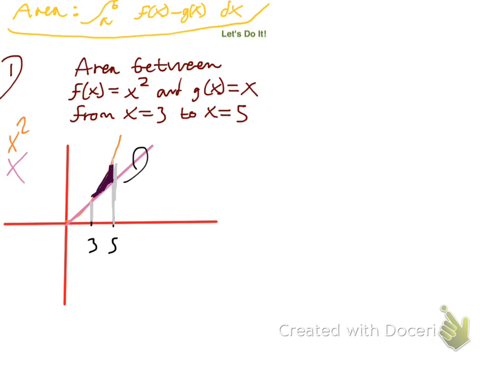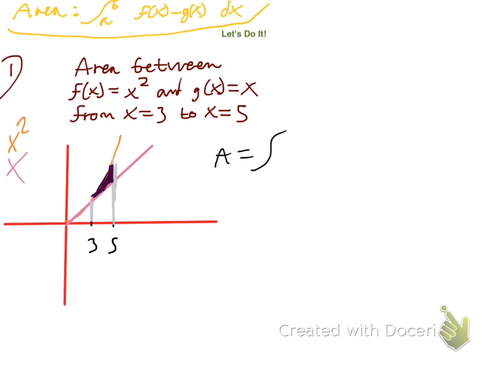And so, remember, the formula for finding the area between curves is up here. And so, our area then is going to look like A equals the integral, with our bottom limit, which it tells us.